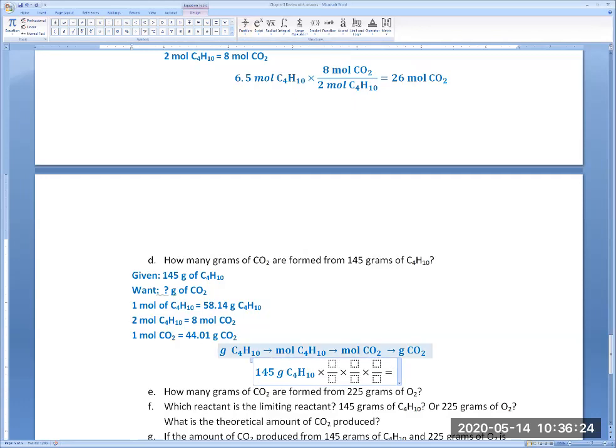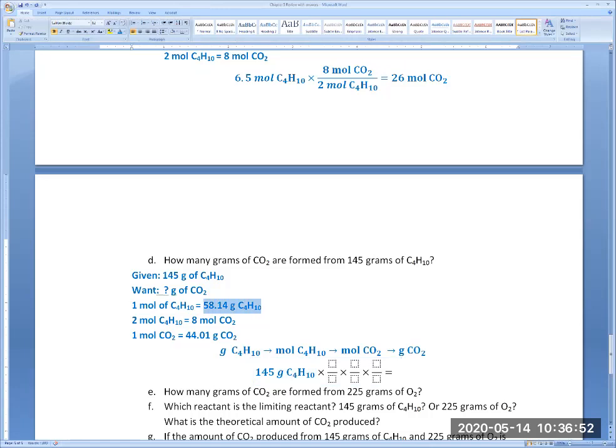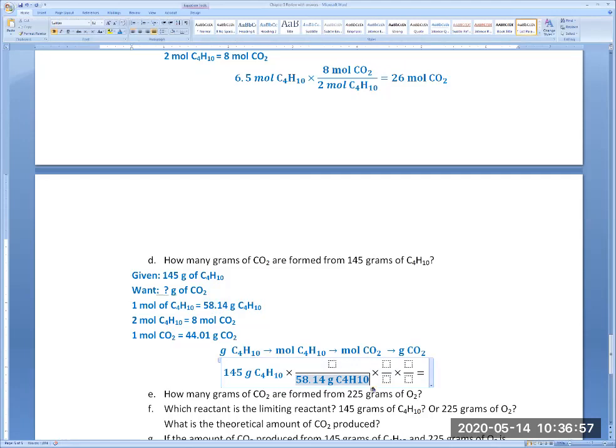Because we have 2 intermediate units. So you start with the given amount of 145 grams of C4H10, and you want to change that to moles of C4H10 according to the roadmap here, and use the molar mass of C4H10. And you want to cancel the given unit of grams of C4H10, so you will put those grams of C4H10 here in the bottom so that you can cancel the unit.